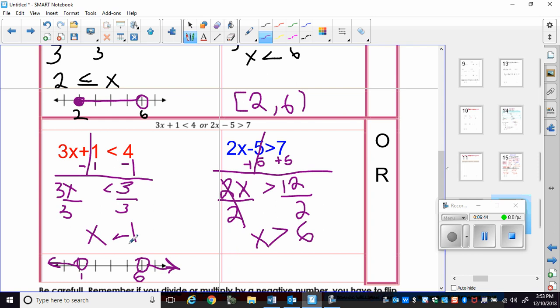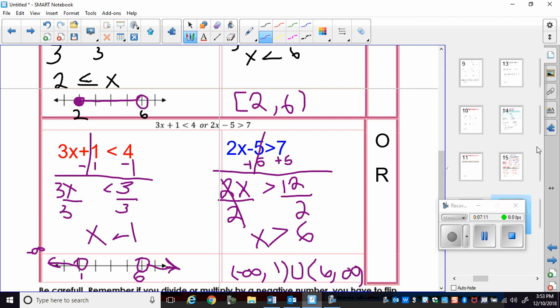Interval notation indicates I'm coming from negative infinity. I stop at 1, so parenthesis, negative infinity, comma, stop at 1, close parenthesis, put a U for a union, then comma, 6, and I'm going towards positive infinity.